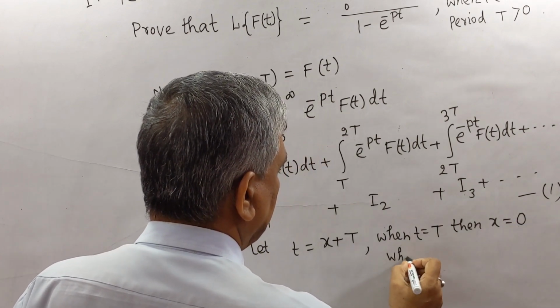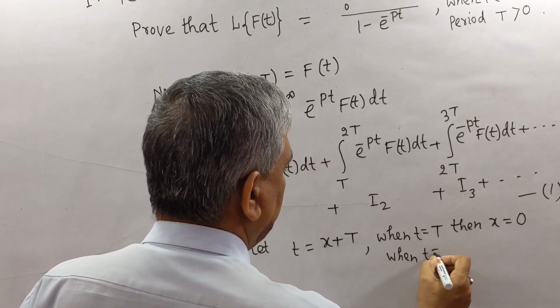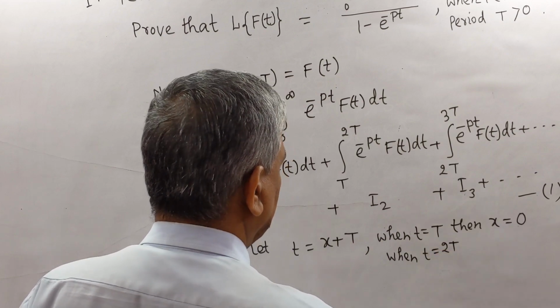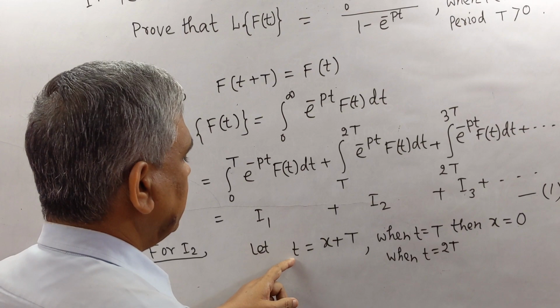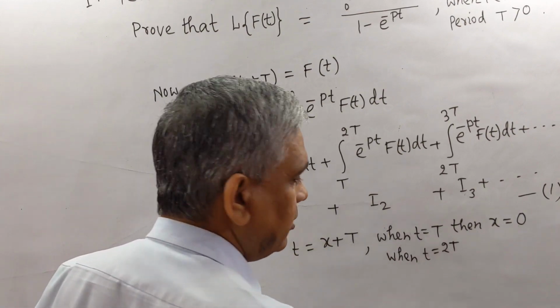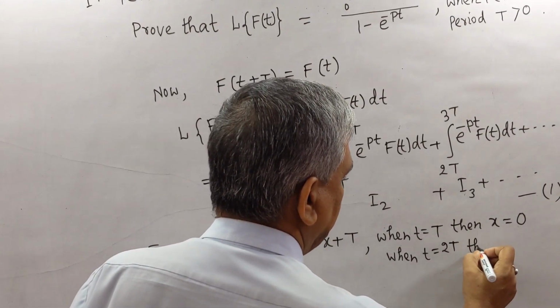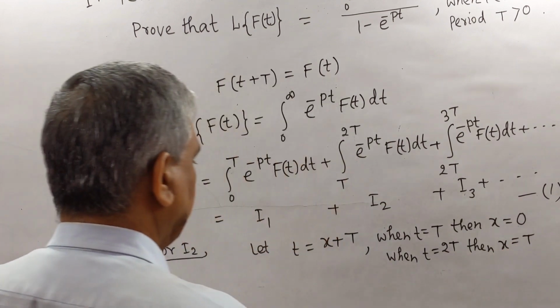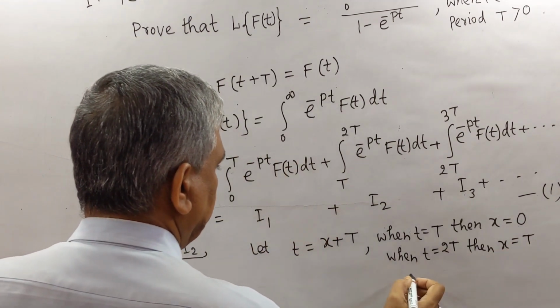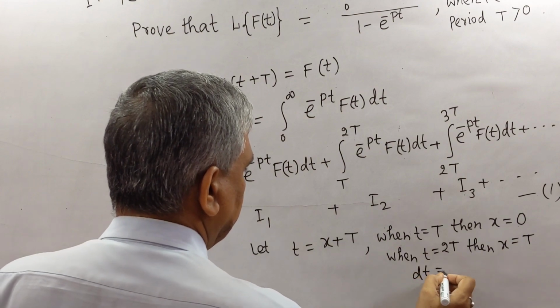When t equals 2T, if we put 2T, then x equals T. Also dt equals dx.